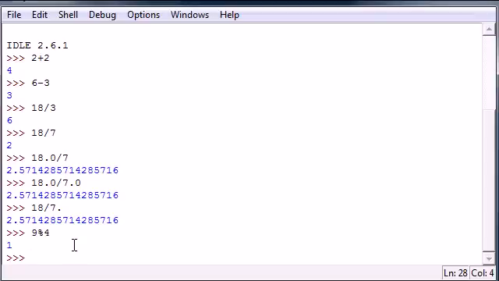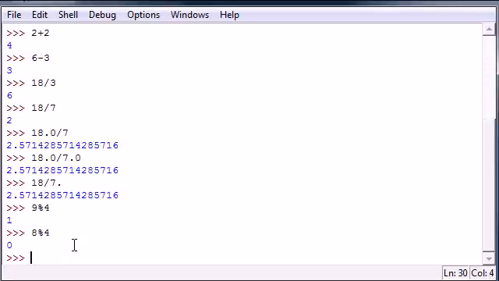So what if you got the modulus of something like 8 divided by 4? What's the remainder of that? It's 0. So whenever you press enter, voila, it gives you 0. Who would have thought? So you can even do one extra thing I just want to tell you about. You can even get a modulus of a float, like 8.75.